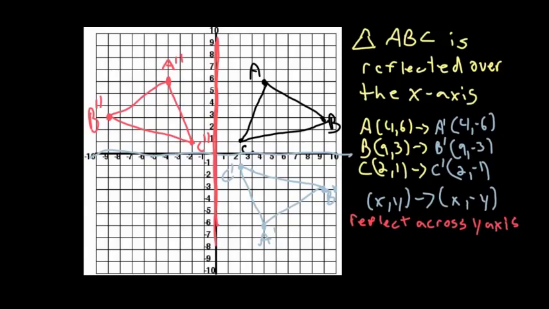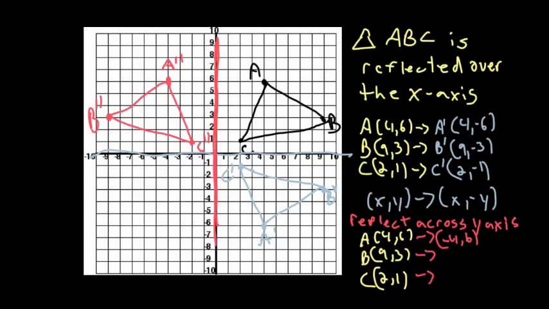So again, our original values are all the same. We got A, B, and C still at 4, 6, 9, 3, and 2, 1. And then our new values for A is going to be -4, 6. B is going to be -9, 3. And C is going to be -2, 1.